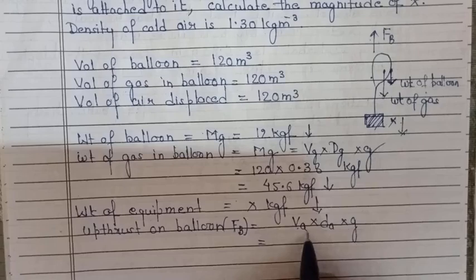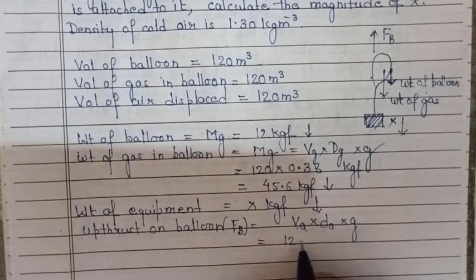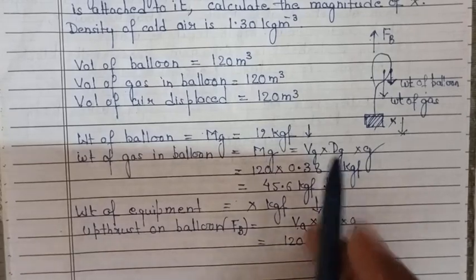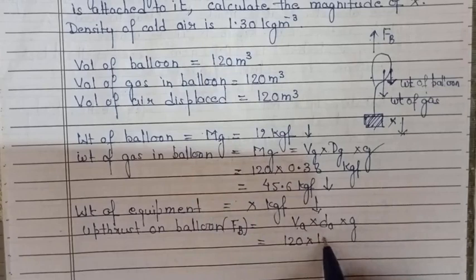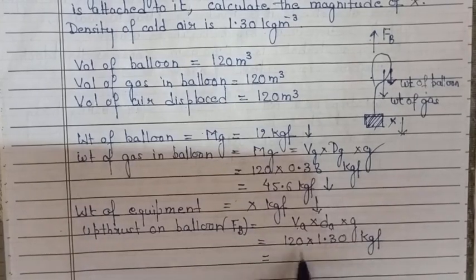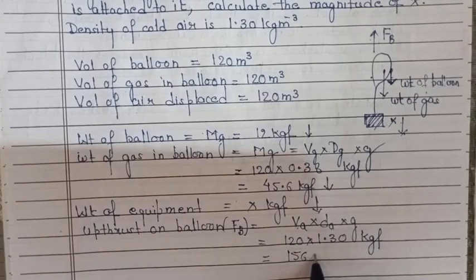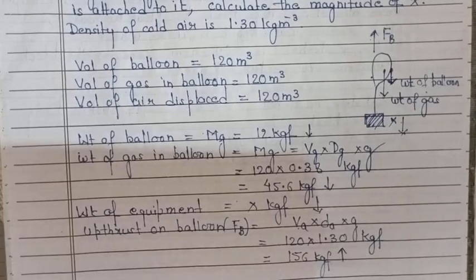Now volume of air displaced we have already got 120. Now the density of air is given to you 1.30 into gravity. We are not using the value of gravity, so upthrust will be in the gravitational unit kgf. So we have 120 into 1.30, that will give us 156 kgf. Now this force is in the upward direction.